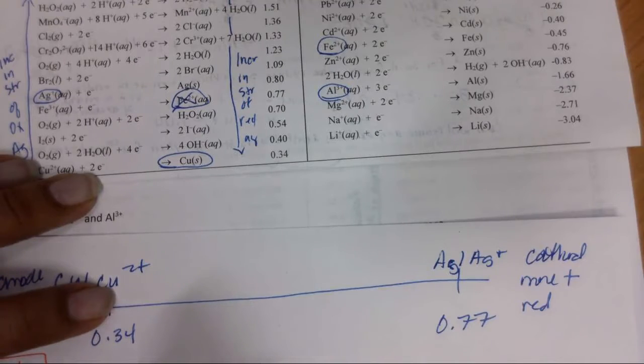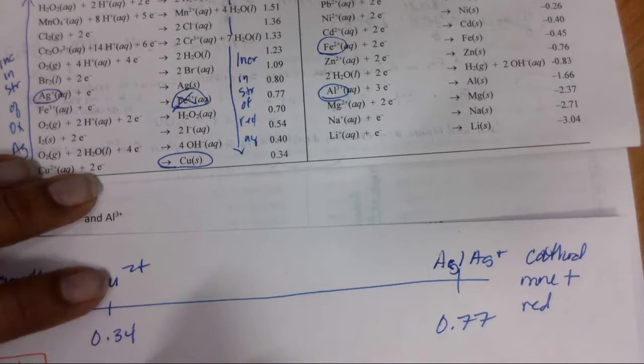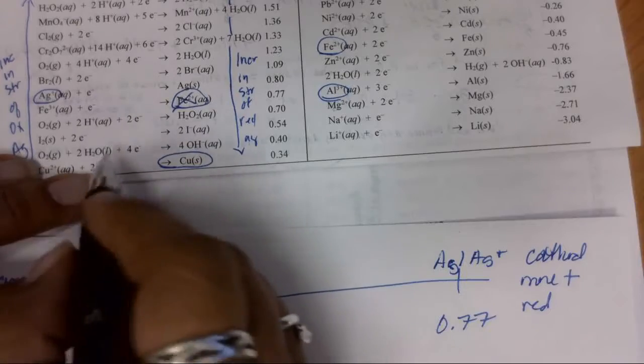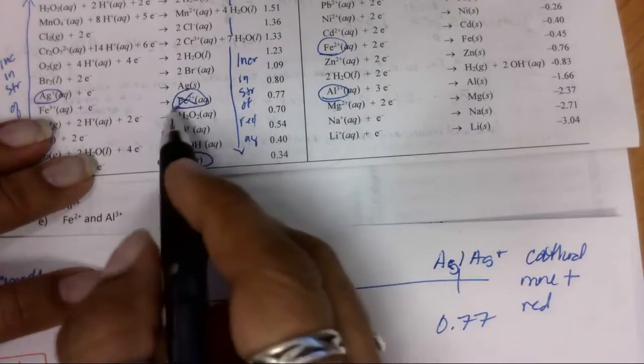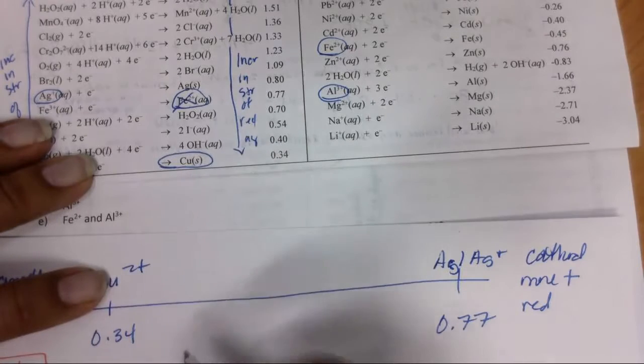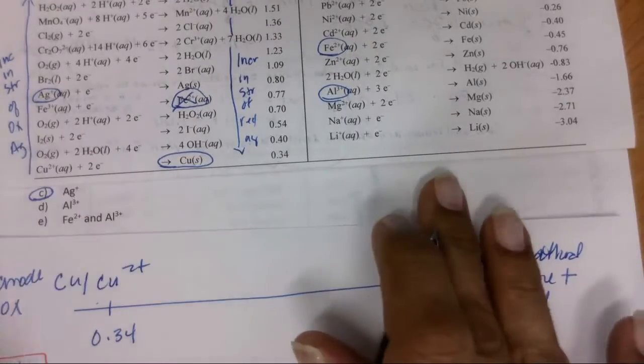And then what's the other one? This is my anode. If I do silver from this table, Ag+, this one is where reduction occurs, so we could keep it like it is, plus an electron to form silver solid.